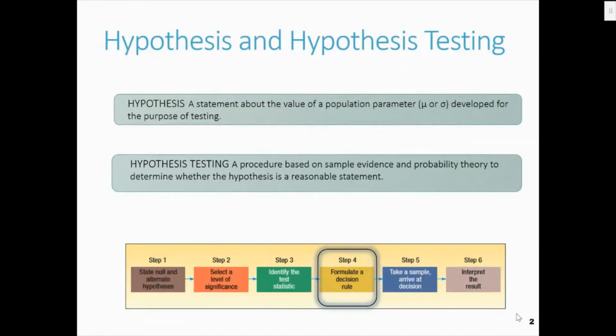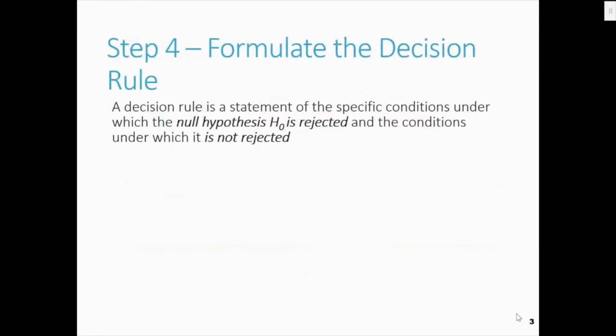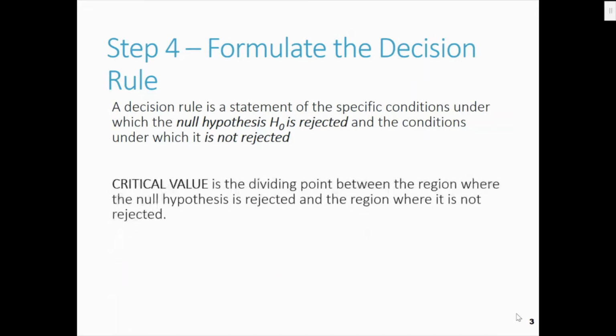Formulate a decision rule. A decision rule is a statement of the specific conditions under which the null hypothesis H0 is rejected and the conditions under which it is not rejected. At the same time, the decision rule will also tell us in which conditions we either reject or not reject the alternate hypothesis as well.